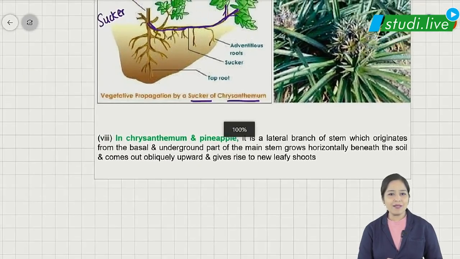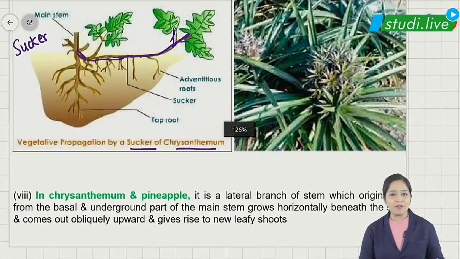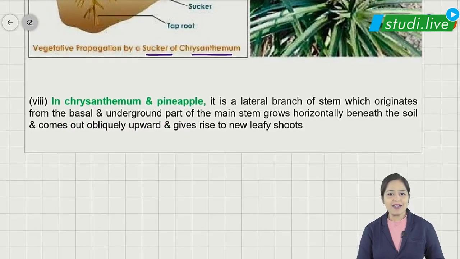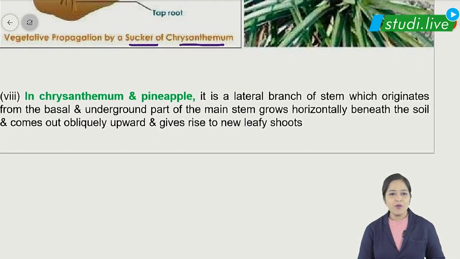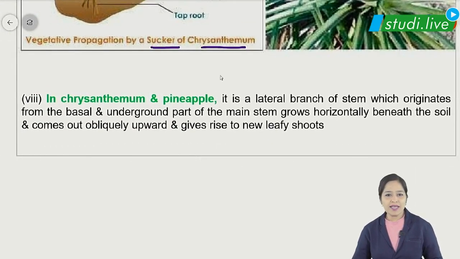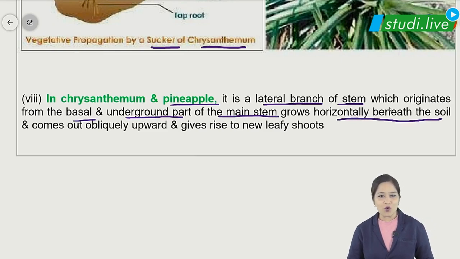In chrysanthemum and in pineapple, we can see a lateral branch of the stem which originates from the basal and underground part of the main stem, growing horizontally beneath the soil and then coming out obliquely.